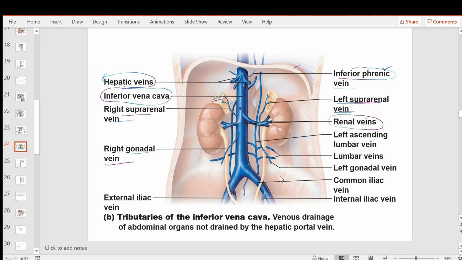Then the lower end of the inferior vena cava divides into two common iliac, the left and right common iliac. Then common iliac, since common, divides into external and internal. You see this is the external iliac and this is the internal iliac in both sides. Internal receives deoxygenated blood from the pelvic organs and external receives blood from the lower limb.